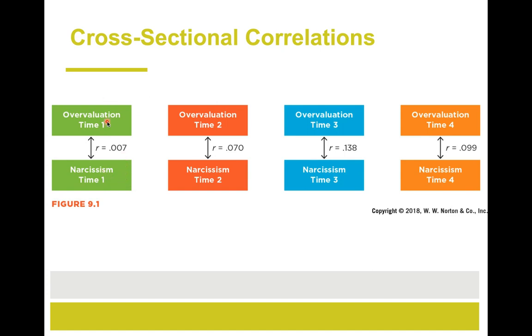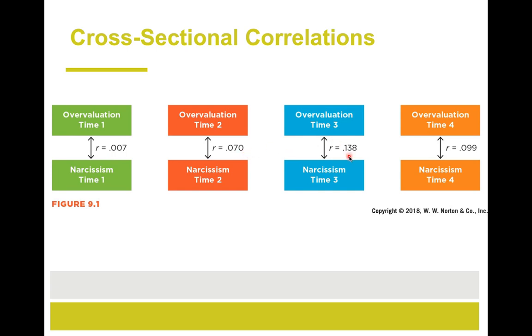So we can see that at 4 time points, our researchers measured overvaluation and then they measured narcissism in the child. And we can just have normal, what we call cross-sectional correlations, meaning at each time point, how much are overvaluation and narcissism correlated with each other. We can see early on, there's basically no correlation.